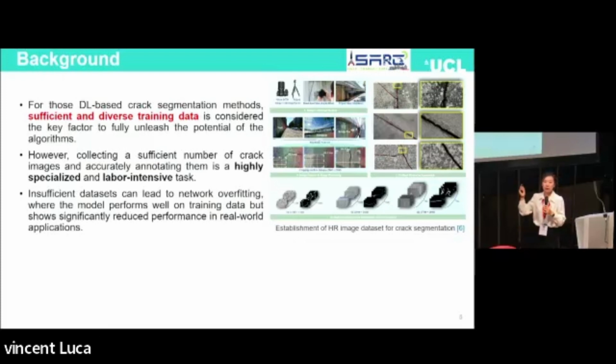Many researchers already use cameras to get high-resolution images, but we have to label and annotate the images manually, so it's very time-consuming. And an insufficient database can also lead to network overfitting, which is another problem we have to address.